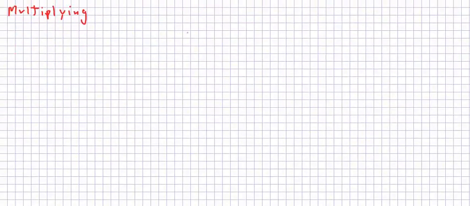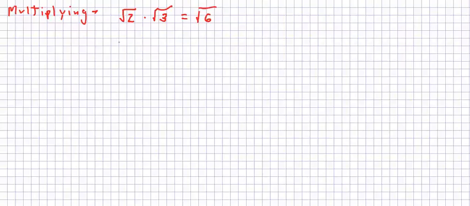Multiplying is different. Multiplying has a huge thing we have to resolve, I guess, is the easiest way to put it. When we multiply the square root of 2 times the square root of 3, we multiply the radicands, and we get the square root of 6.